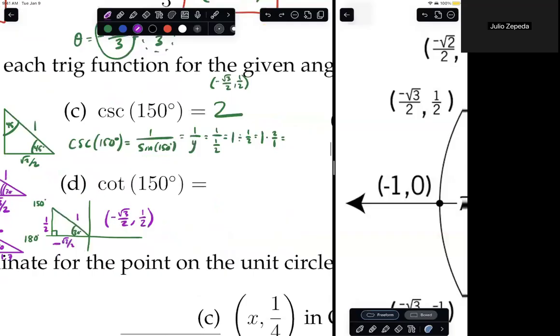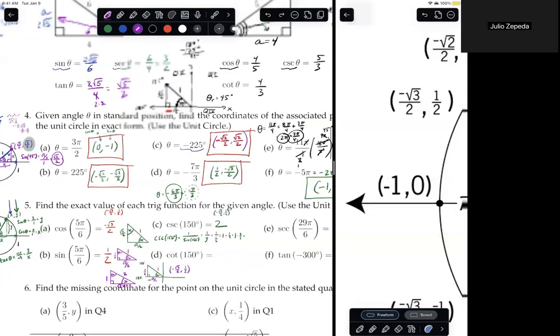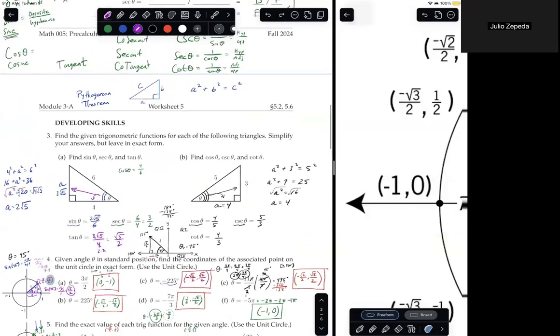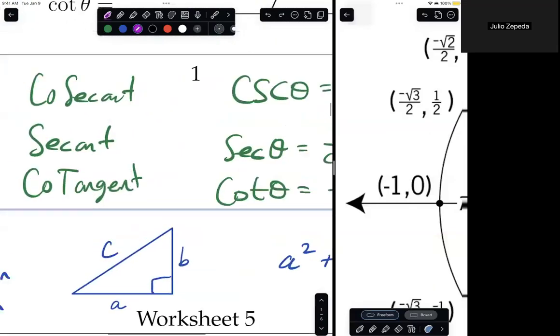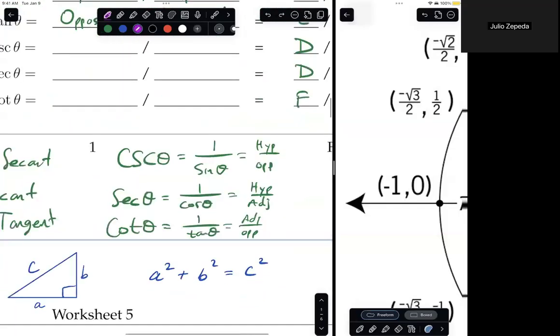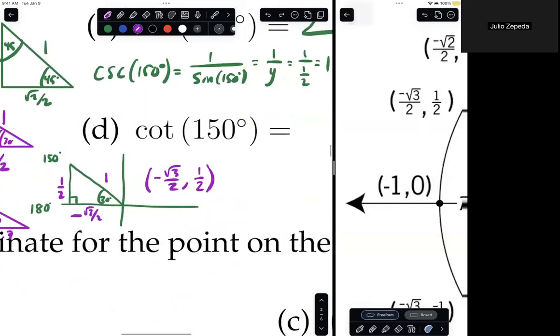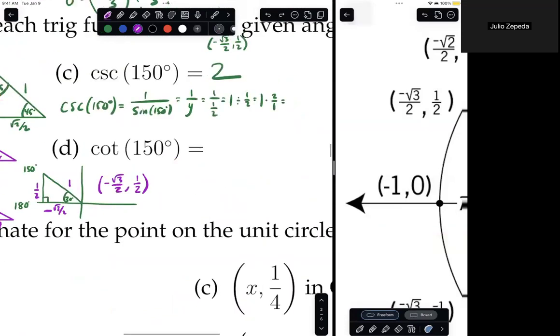And so now I can use this associated point or the cotangent definition that we gave up above. Cotangent was adjacent over opposite, right? So we can use cotangent is adjacent over opposite for this triangle that I drew in green.